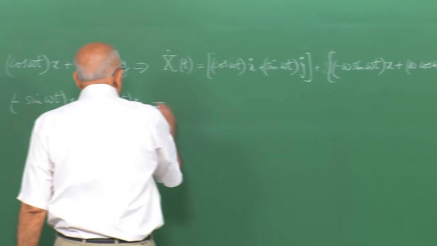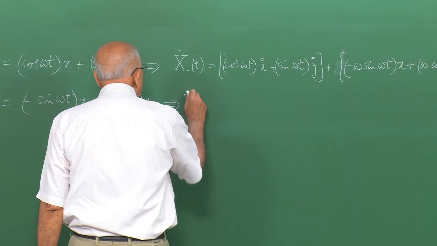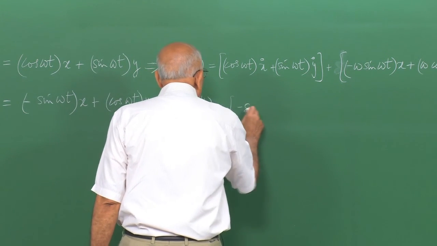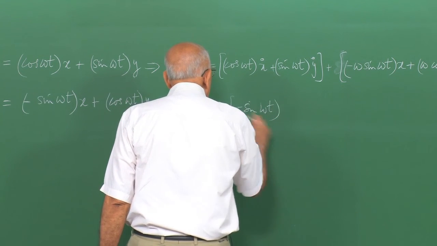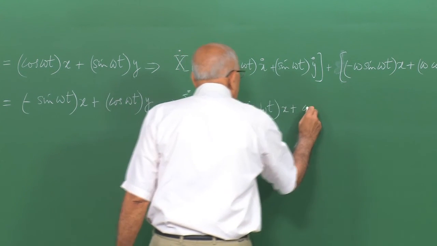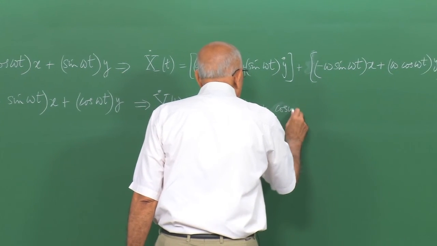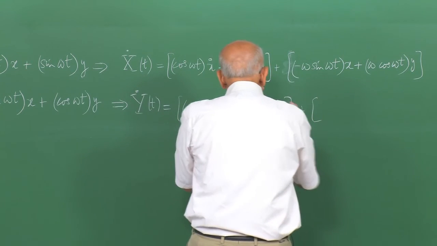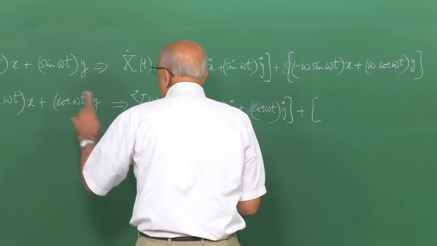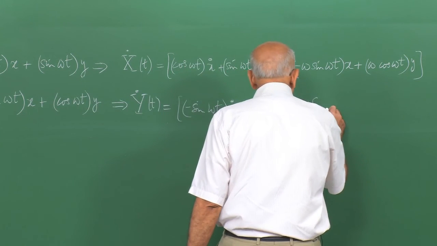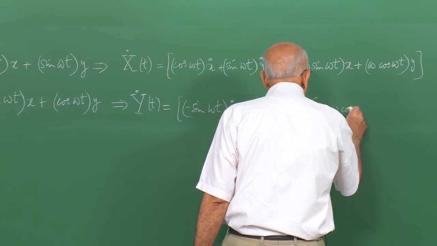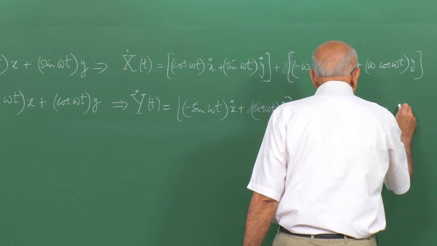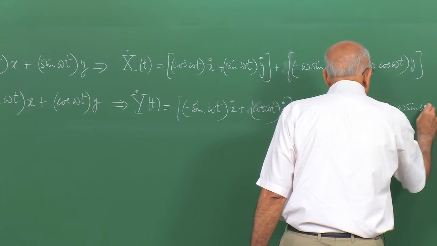Similarly, this will imply that y dot of t is equal to, again the same thing, minus sine omega t times little x plus cos omega t times little y plus extra terms, y dot on this side, plus extra terms which correspond to minus omega cos omega t times little x minus omega sine omega t.